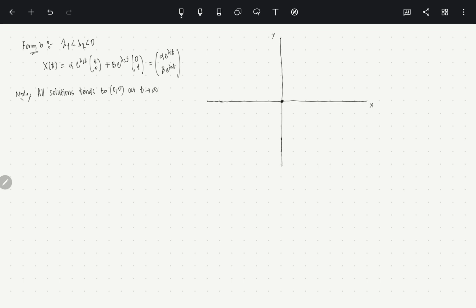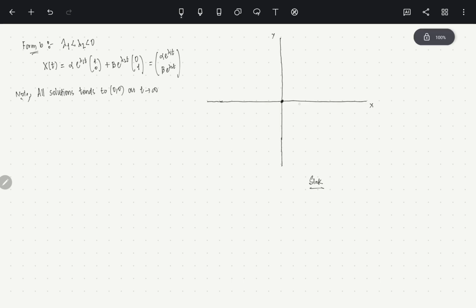It's basically attraction going on, and everything is coming towards the origin. We call this sort of thing a sink. Sink means every trajectory is sinking towards the origin, so that's why it's called a sink.